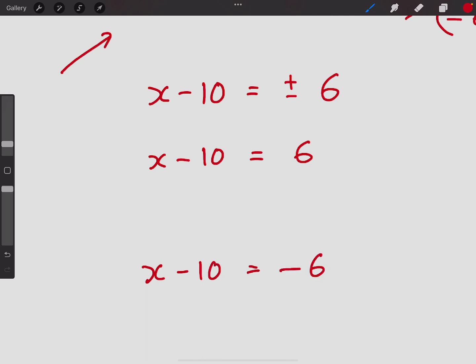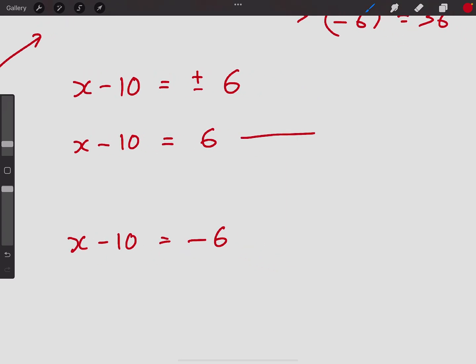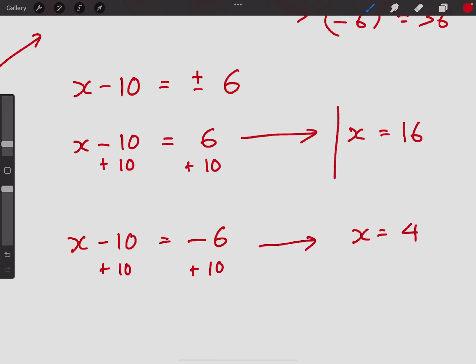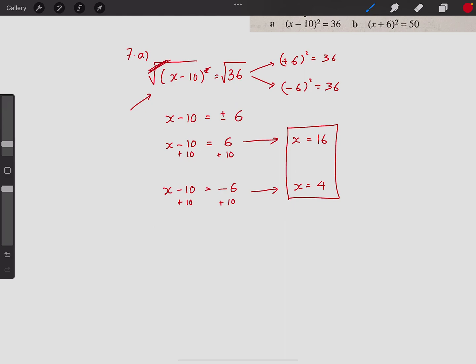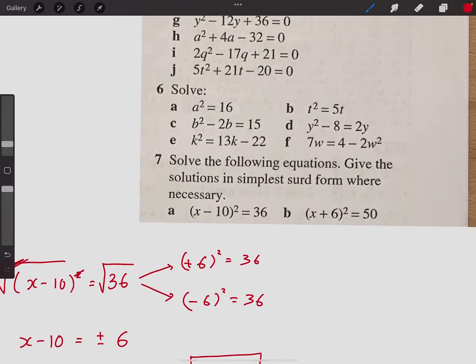Now to solve for x, we're going to add 10 to both sides, and then x is equal to 6 plus 10 is 16. There's your first solution. We're going to add 10 to both sides for this second one here, and minus 6 plus 10, x equals 4. And there's your second solution. This is a better way to solve for your x if they give it to you in this form.